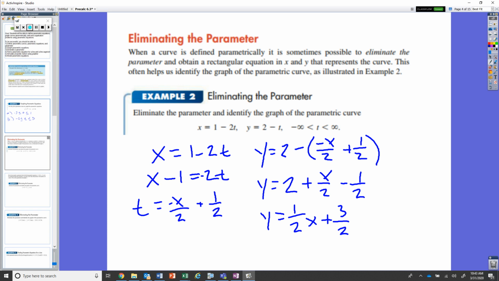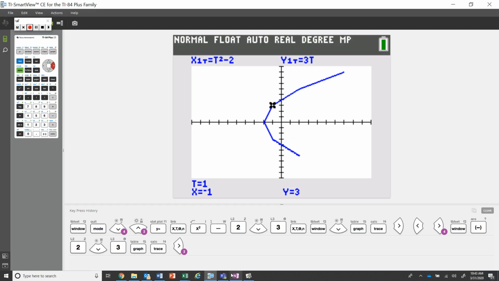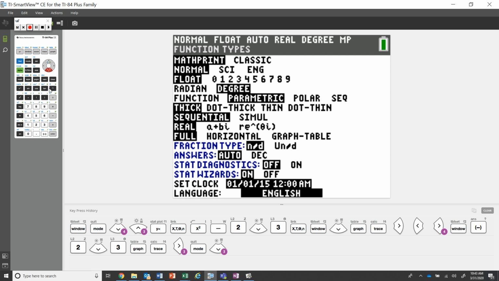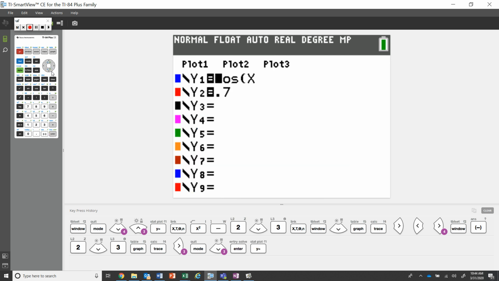Of course, it's just going to be a line, and if we need to, we can graph it. So just real quick, when you are going back into your function mode, please make sure that you are now doing a function. Look at how the y equals will be changing there.